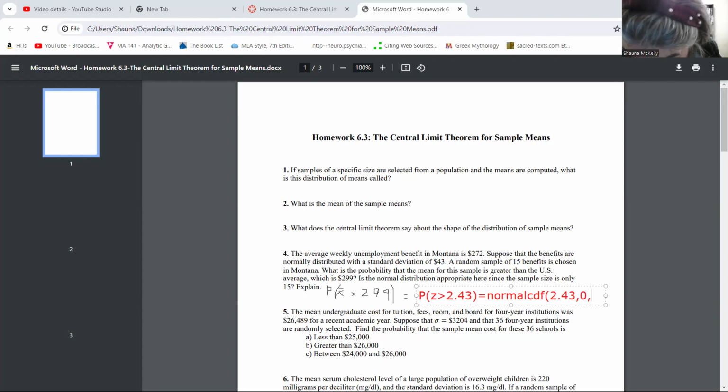Remember, this is a Z now, so we have 0 and 1 as my mean and my standard deviation.